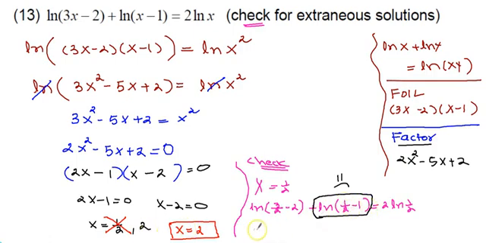Now let's check x equal to 2. You can clearly see ln of 3 times 2, 6 minus 2, which is good, plus ln of 2 minus 1, which is good. Ln 1 is 0. And 2 ln 2, which is also good. So yes, this is my good solution.